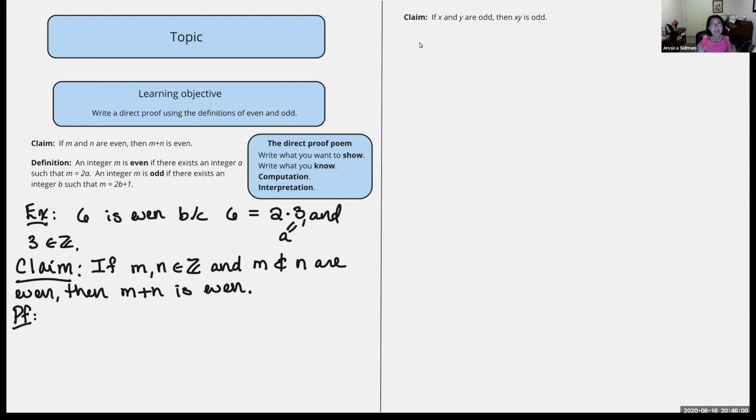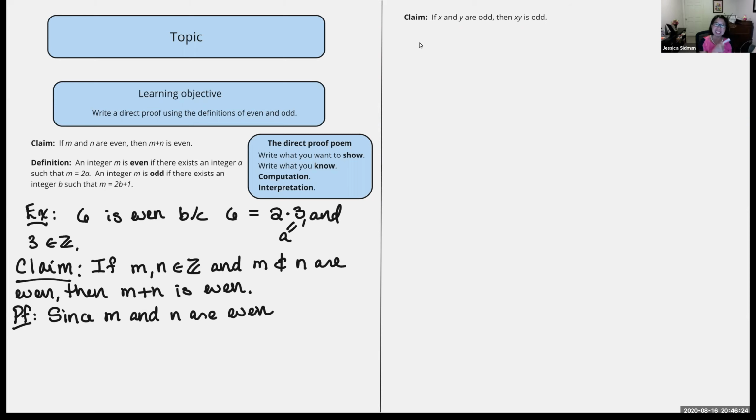So here's how I'll start this proof. I've written down what I want to show. Now what I know is that M and N are both even. Okay, so I'll start maybe by writing, since M and N are even, well, then I know something about them.